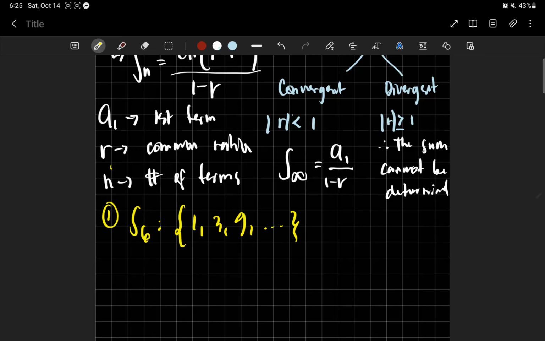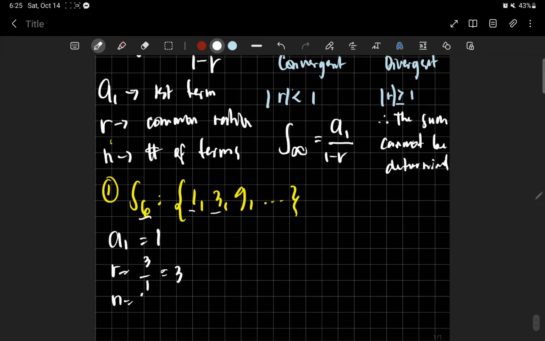So, identify muna natin ano yung mga given natin dito. The first term is 1. The common ratio is 3 divided by 1, or the second term divided by the first term, that is equal to 3. And our n, ilang terms yung kailangan kuhaan ng sum, that is 6.